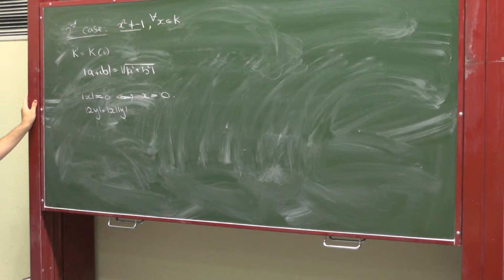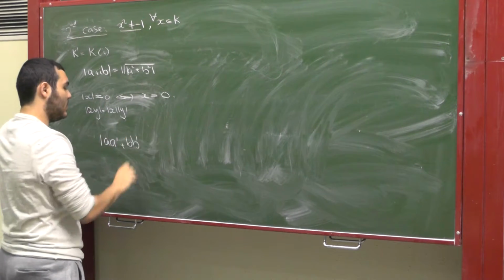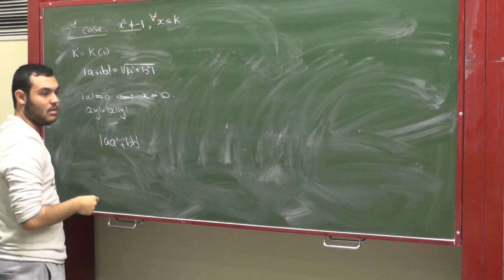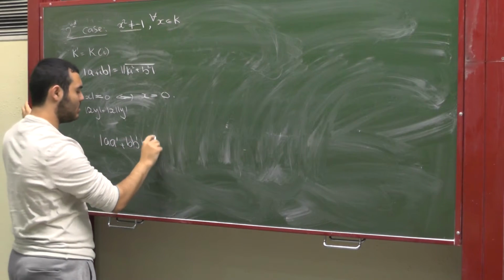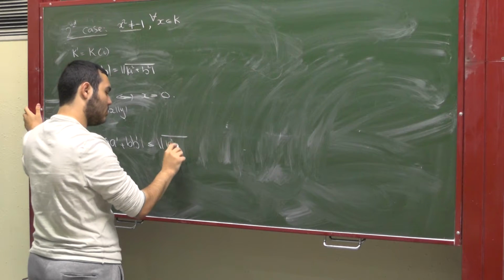Because if you would try to do the same as you usually do, you would end up with an inequality of this form, when a plus ib and a prime plus ib prime are elements. This is an inequality that you would need to prove.